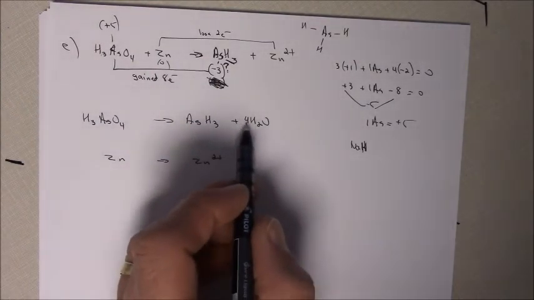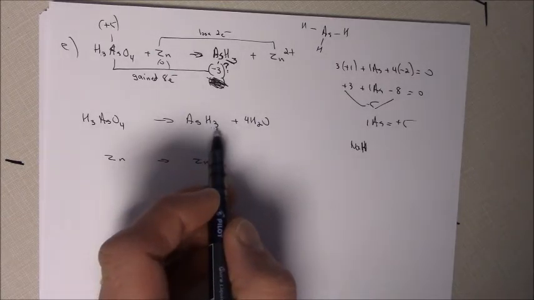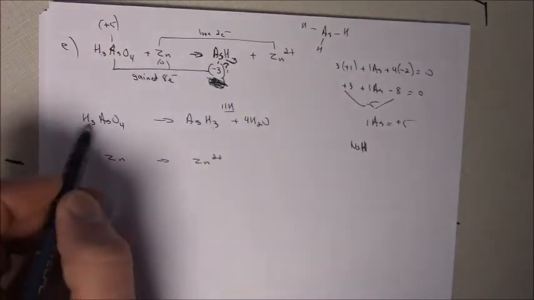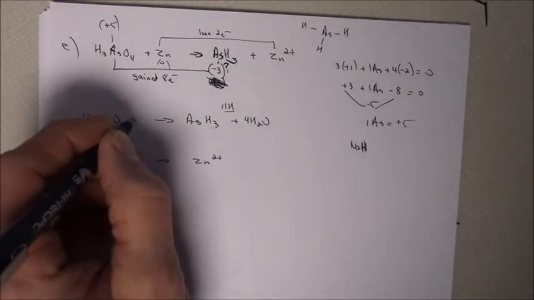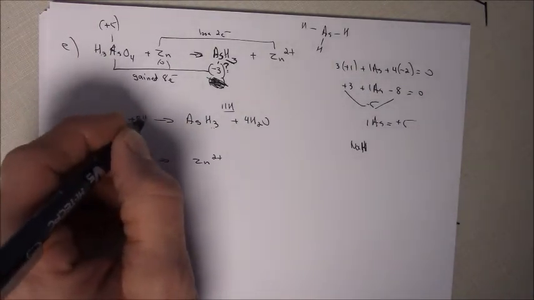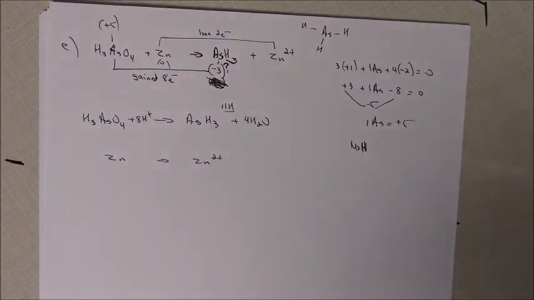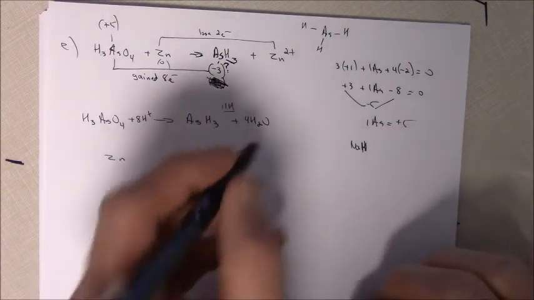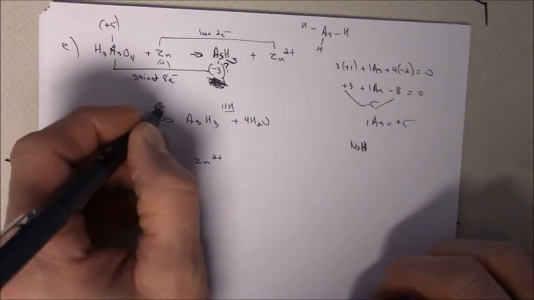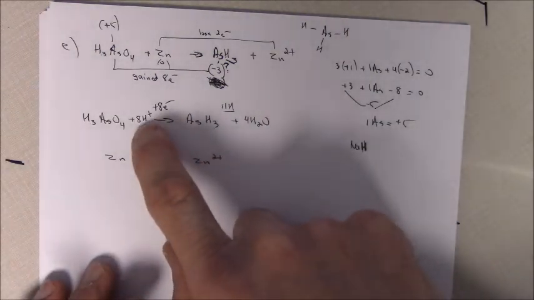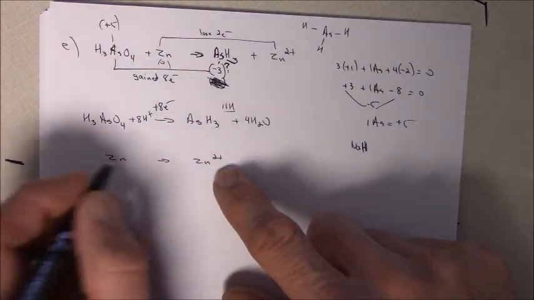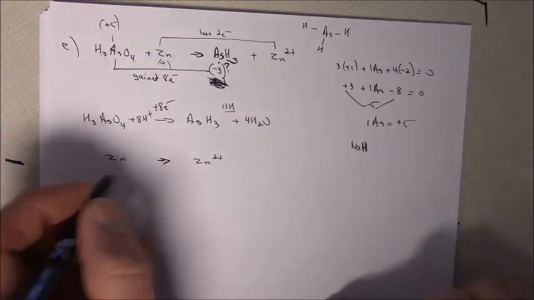This side has 8, 9, 10, 11 H's. This has 3, so we need 8 more H pluses. Balance the charge. This needs 8 electrons to counteract that, to balance the charge on both sides. This one, zinc is fine, oxygen's fine, hydrogen's fine, so it's just electrons.